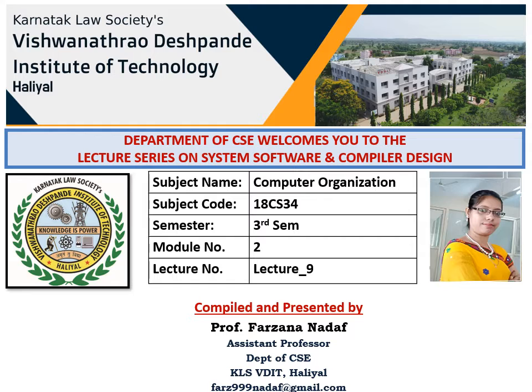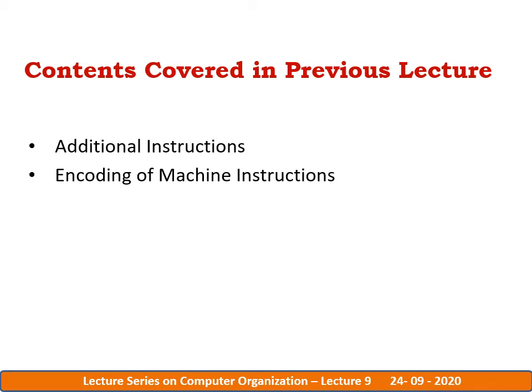In module 1, we covered the basic information about a computer, and how the computer communicates with other input-output devices. We also covered the instructions and addressing modes, and along with these instructions there are some additional instructions which help us to do arithmetic operations faster.